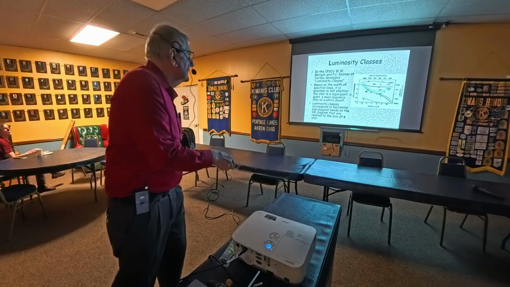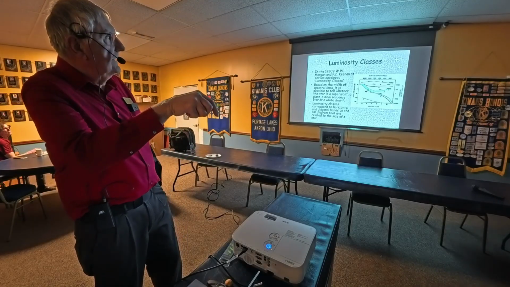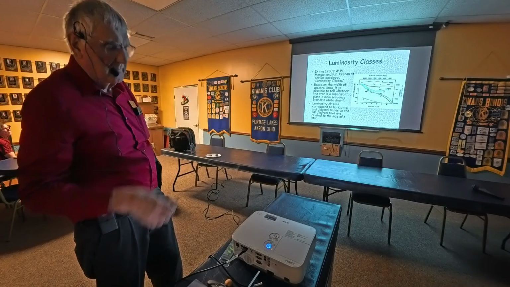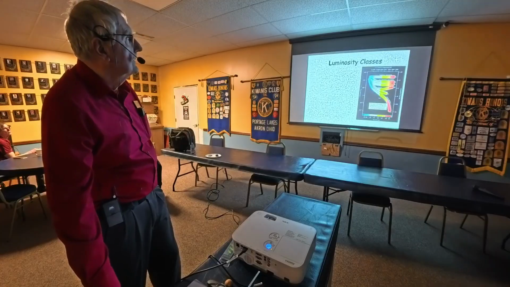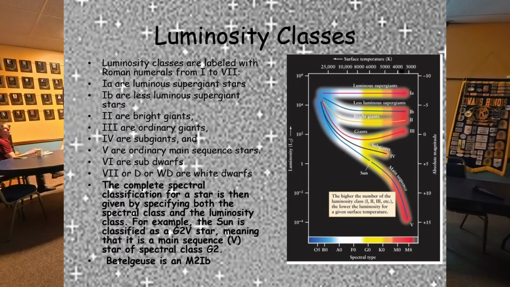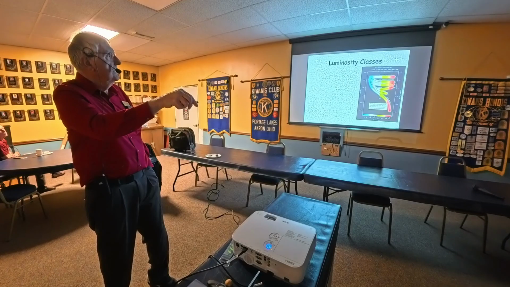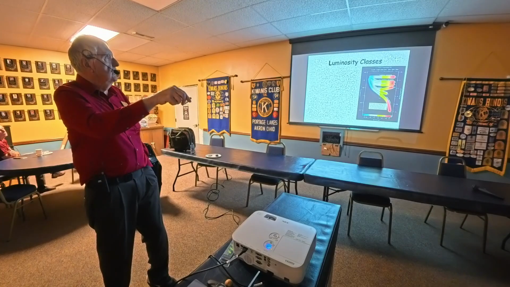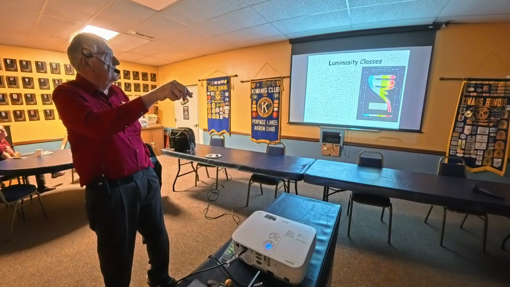And they correspond to these diagonal bands here. So these are V's, or a 5. A 4 is a subgiant, a 3 is a giant, a 2 is a bright giant, and then there's 1a's and 1b's.